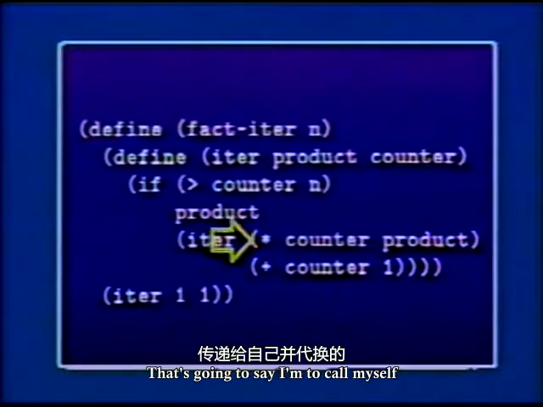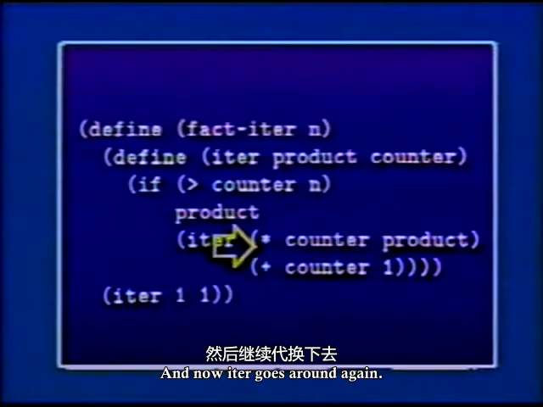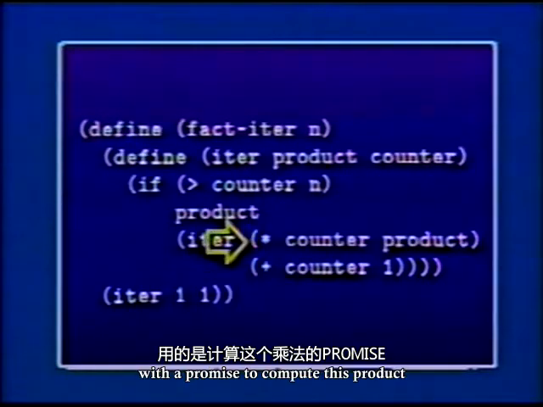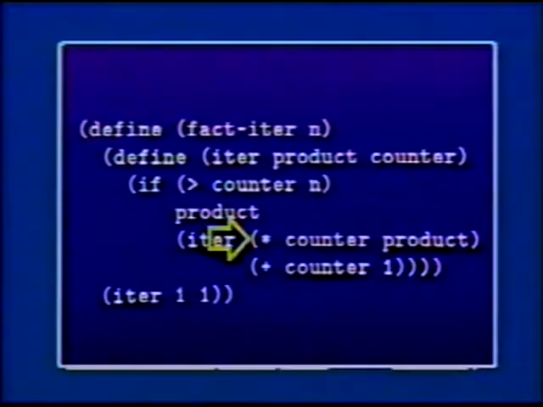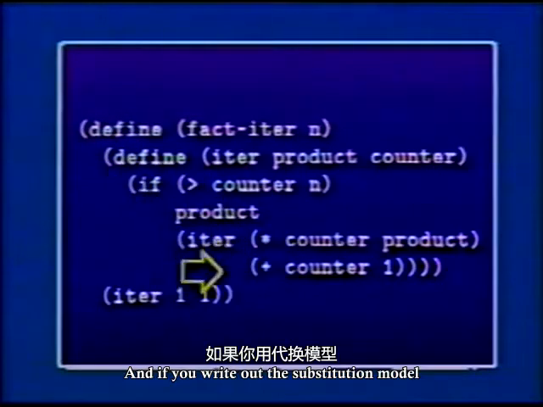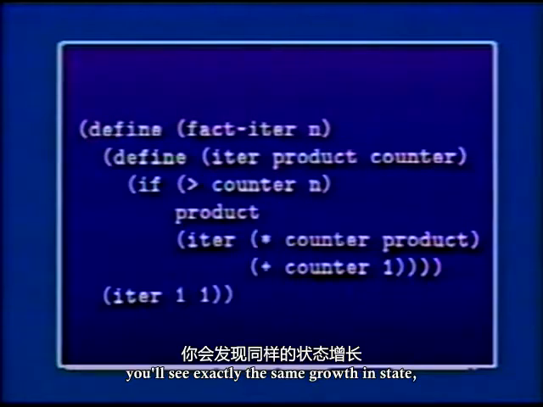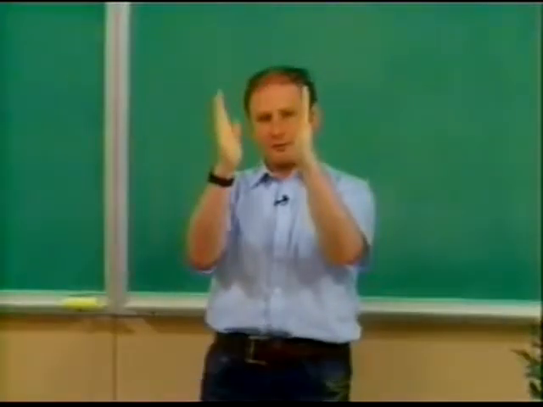It's going to say, I'm going to call myself with a promise to compute this product. And now iter goes around again. And I'm going to call myself with a promise to compute this product, where now one of the factors is a promise. And I call myself again, and if you write out the substitution model for that iterative process, you'll see exactly the same growth in state. All those promises that are getting remembered that have to get called in at the very end.